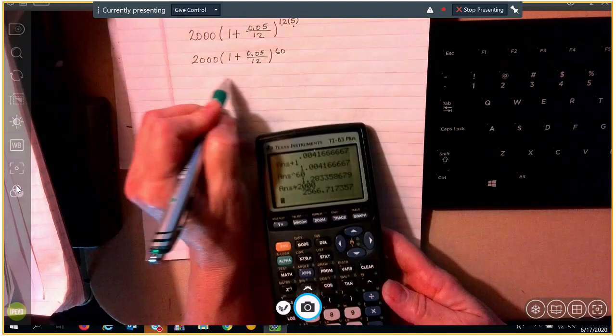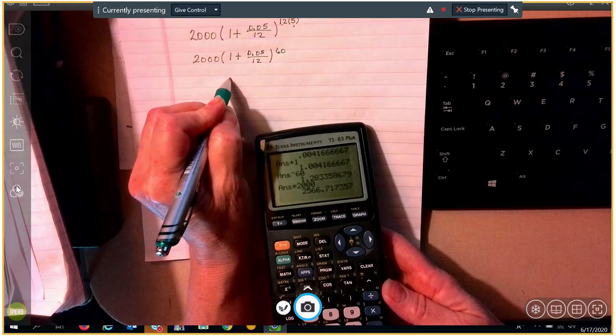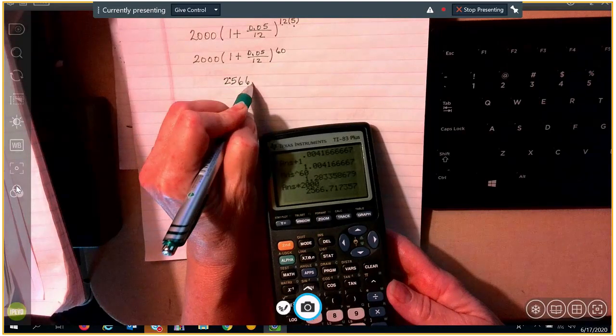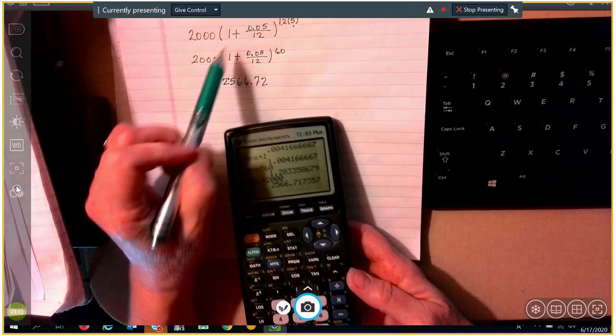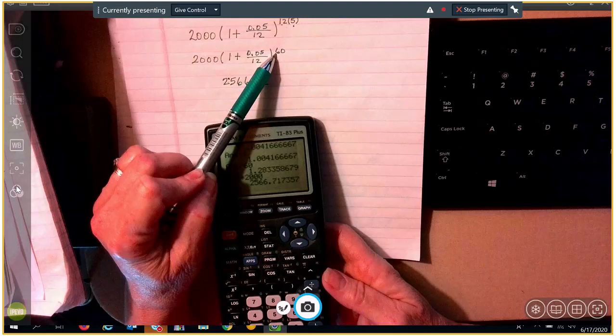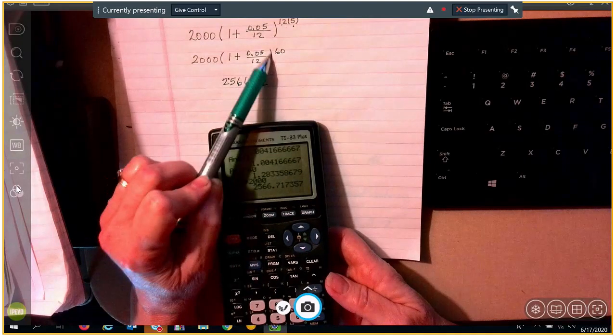So 2,566.72. Remember, when I did this, I did my exponents first, then I multiplied. I did all of this at one time in the calculator.